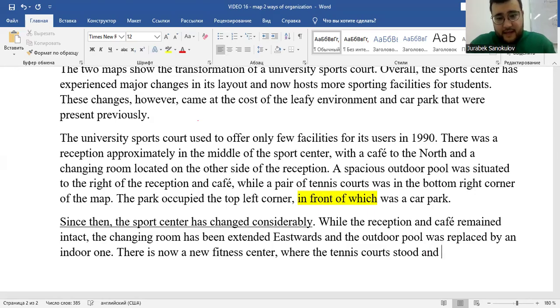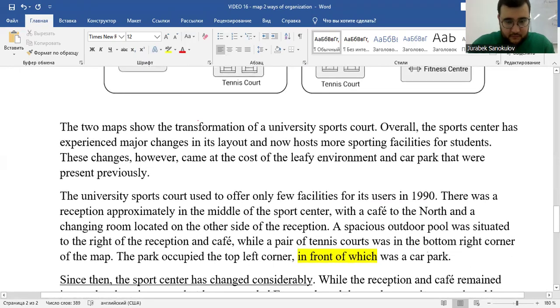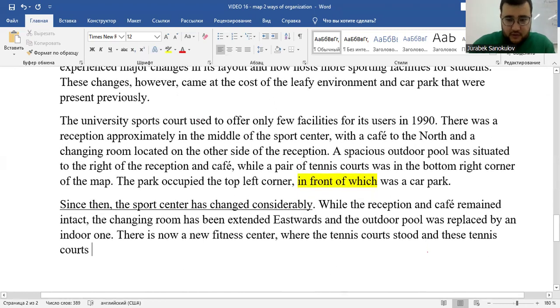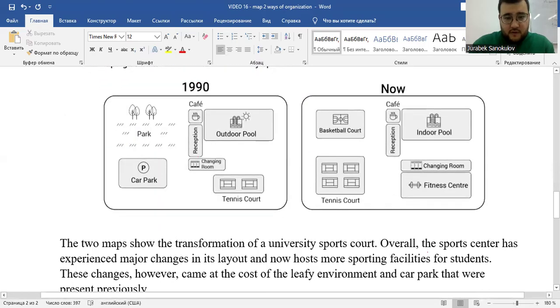And these tennis courts doubled in number and were relocated to, to where?